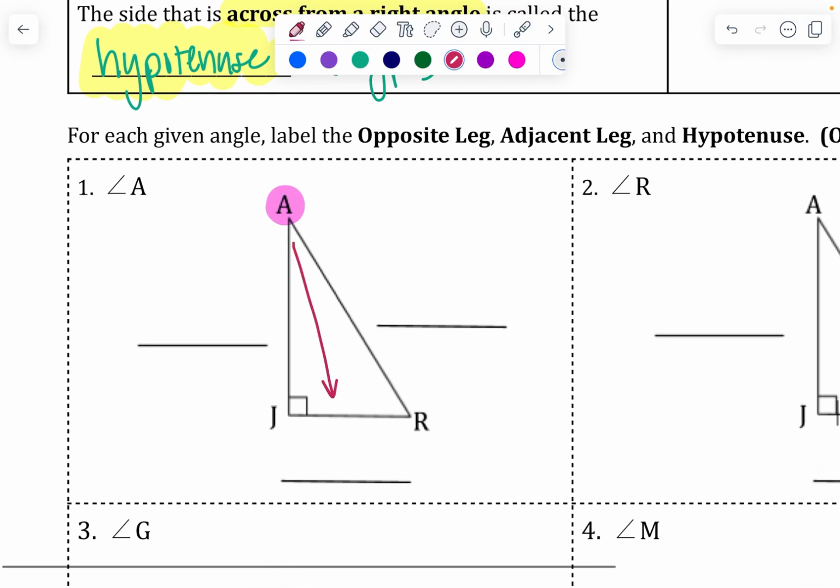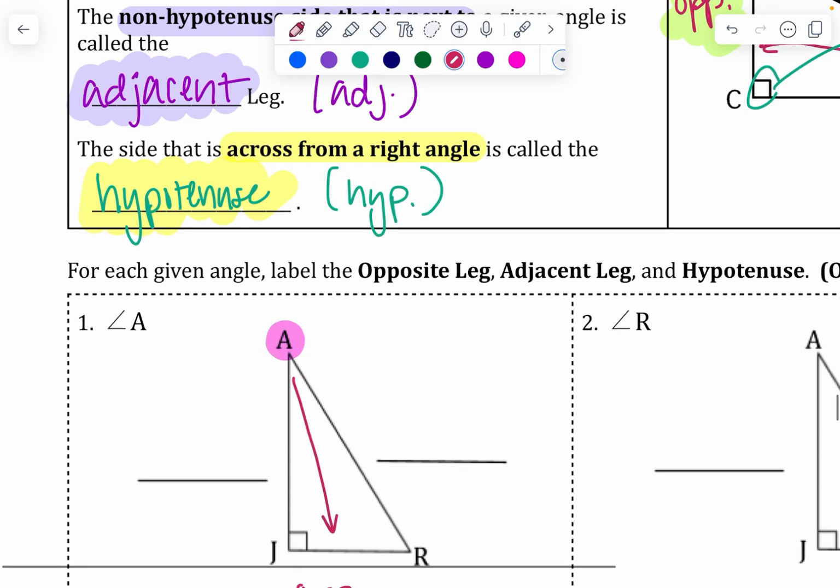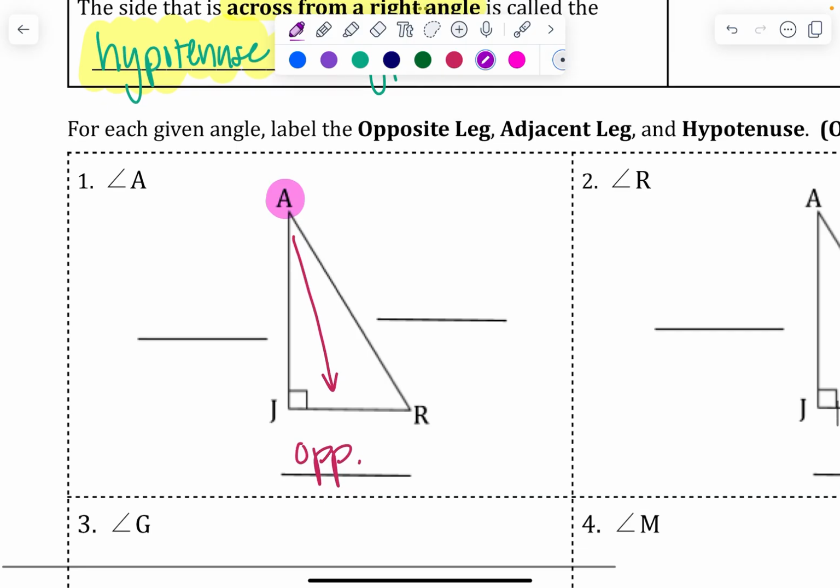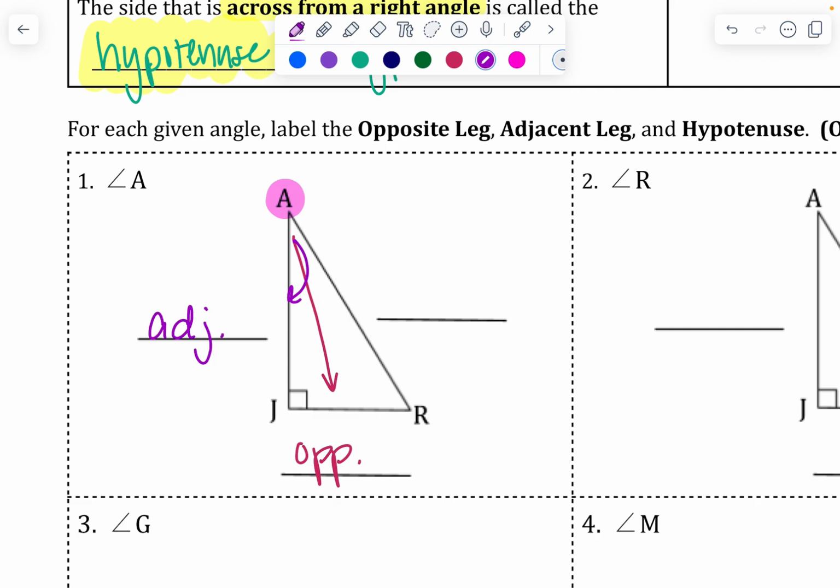The side right next to the given angle is the adjacent leg. And always and forever, across from your right angle is going to be the hypotenuse.